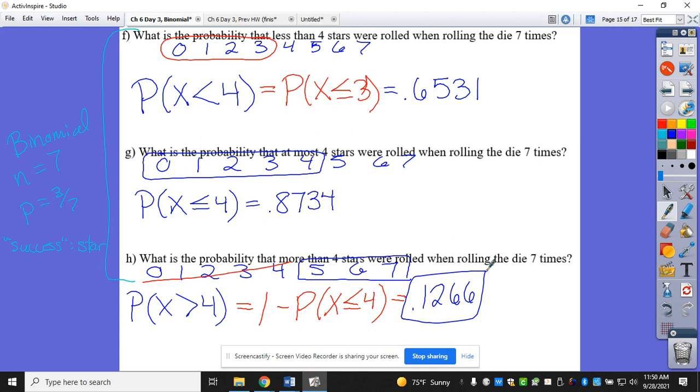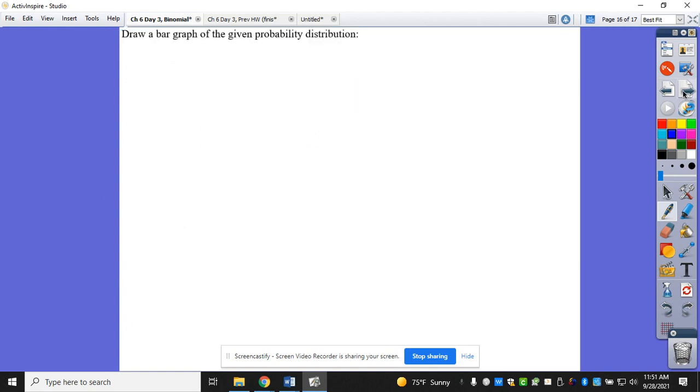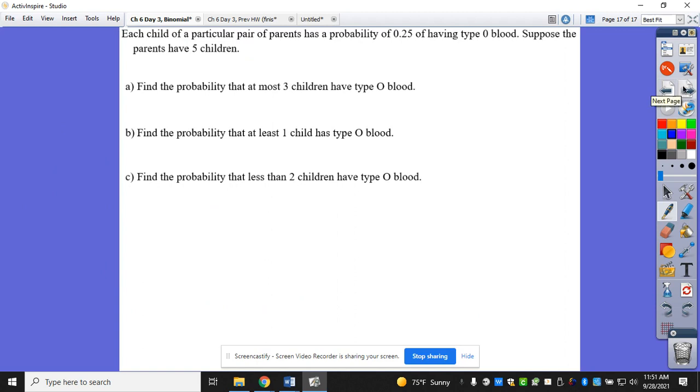So all that's left is that last child problem, right? I would draw the bar graph for this. I'll probably include that because I want to do it as a lead in for tomorrow. In the next 10 minutes, I want you to do these first, and then go back and draw your bar graph.